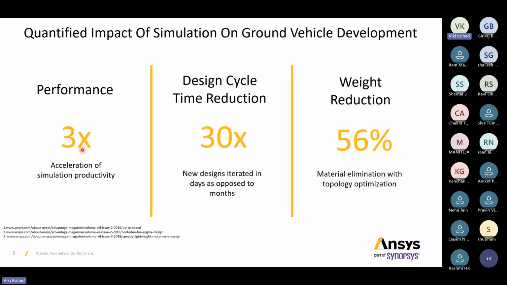And because of the design cycle time reduction, they have more time for the new vehicles, and they can update the existing designs and also try for weight reduction. If weight reduction is there, you get more productivity or more efficiency from your machine, or any of the electric vehicles you can take.